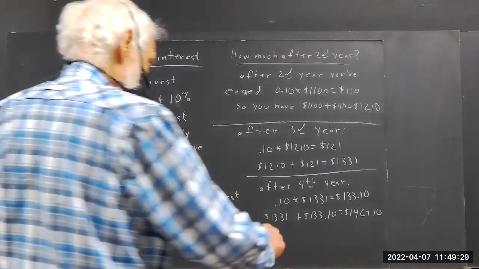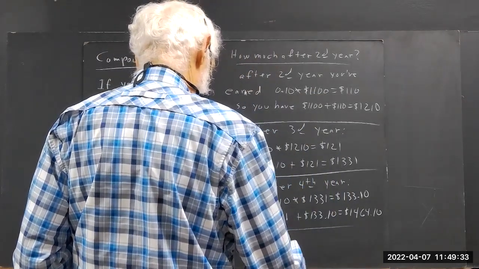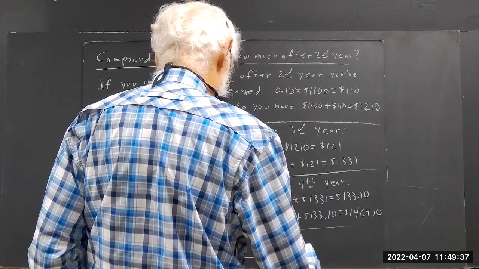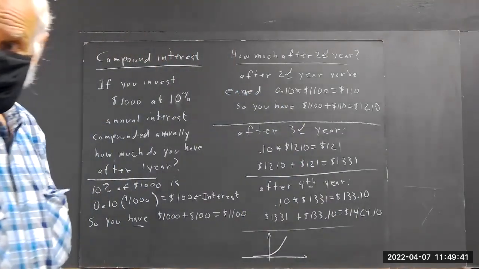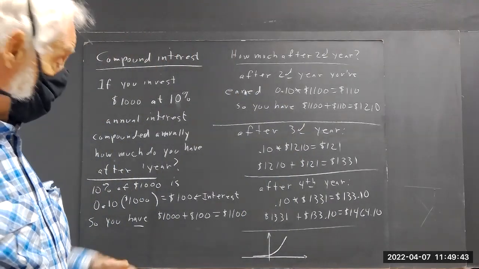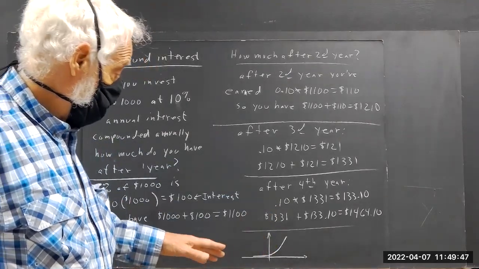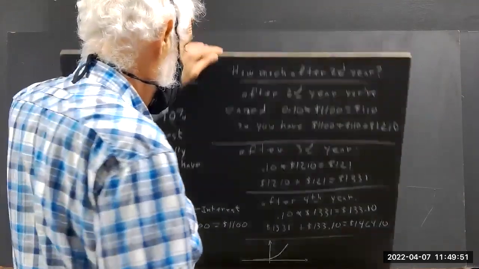I'm just going to mention this. Your function turns out to follow an exponential. Okay, now you're in the early part of the exponential here. But if you keep your money in there long enough, it's going to go up very rapidly.